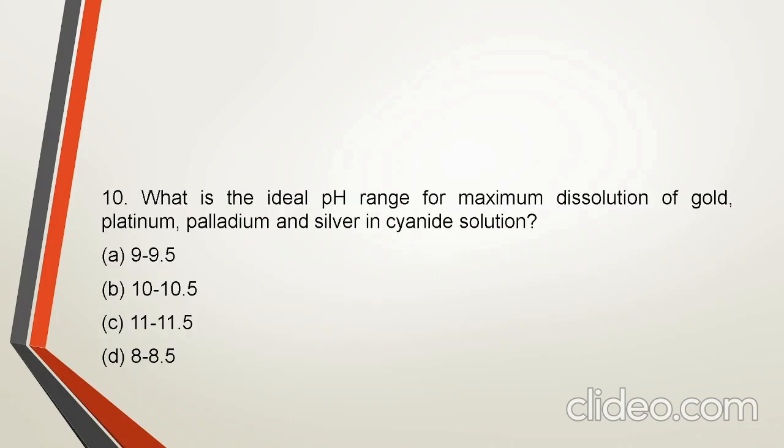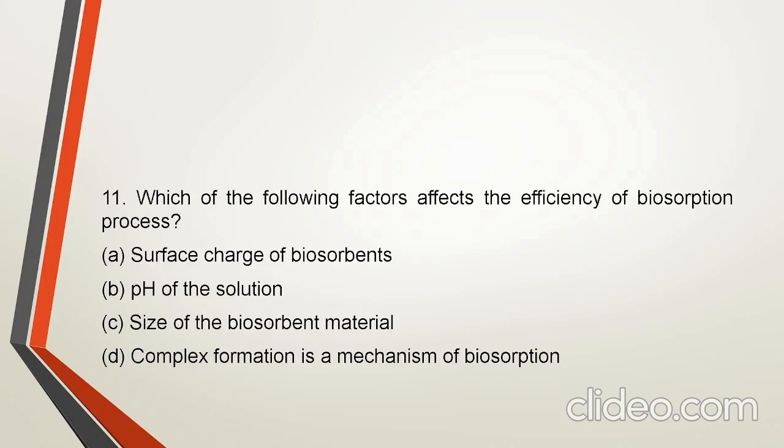So what is the ideal pH range for maximum dissolution of gold, platinum, palladium and silver in cyanide solution? Ma'am, C is the answer, ma'am. I think it's 10 to 10.5. Which of the following factors affects the efficiency of biosorption process? It is, ma'am, pH of the solution. Okay.